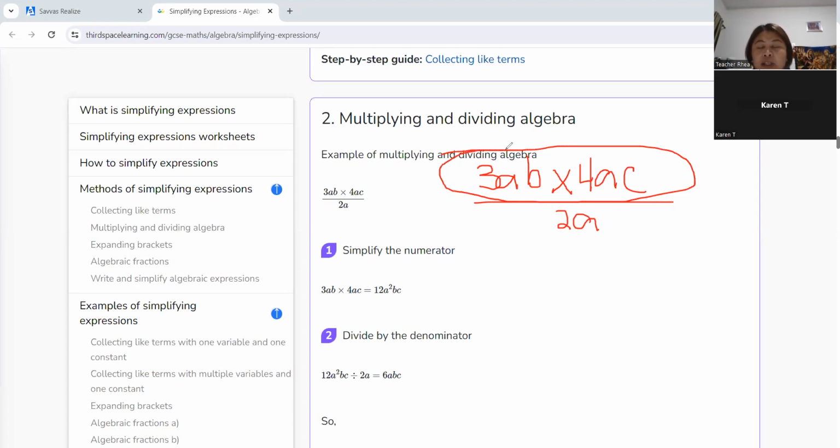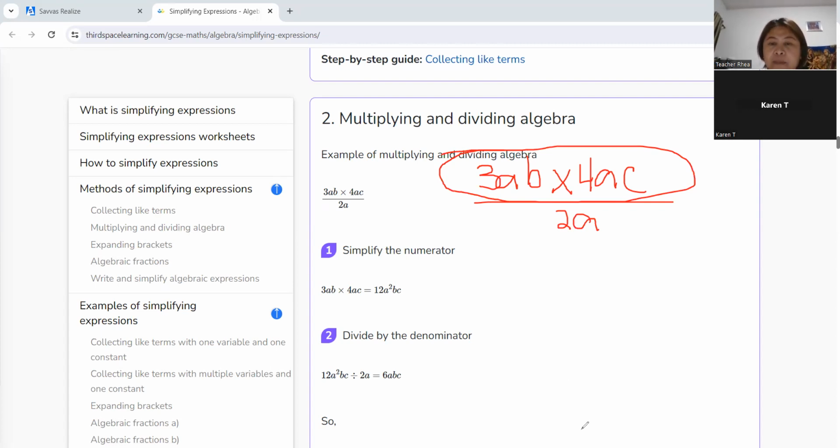In multiplication, it's easy because you just need to identify and multiply all the variables and add the exponents.